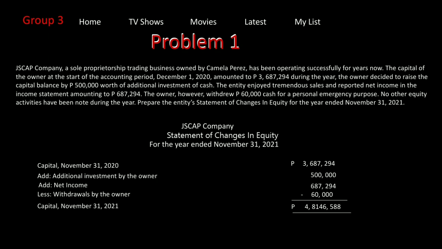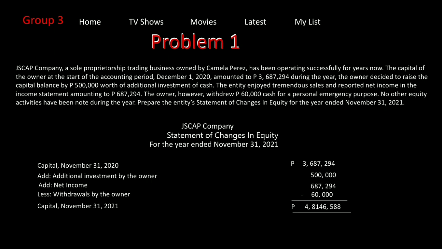We must first arrange the heading. After that, report the capital, which is 3,687,294. Next is to add all the contributions, and we have here the additional investment made by the owner, and net income amounted to 687,294. And then finally, we compute for the total.